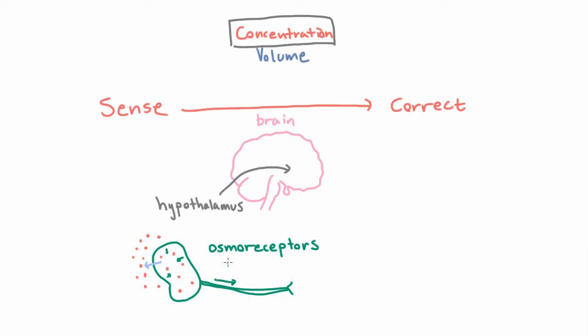Now, something that's pretty cool about this is that the brain is really delicate. So normally you want to protect the brain from these changes in concentration. So in most parts of the brain, you have something called the blood-brain barrier, which means that if you have a blood vessel running through the brain, and then you have some brain cells over here, what you have is a very tight barrier here between the blood vessel and the brain parenchyma.